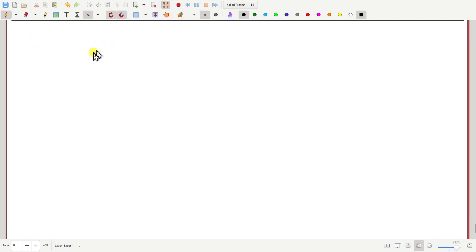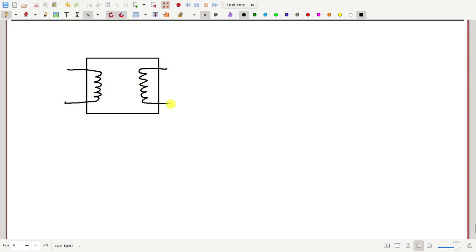Okay, so now suppose I have an ideal transformer. Turns ratio is say N1 is to N2.